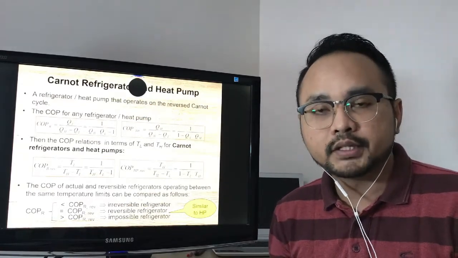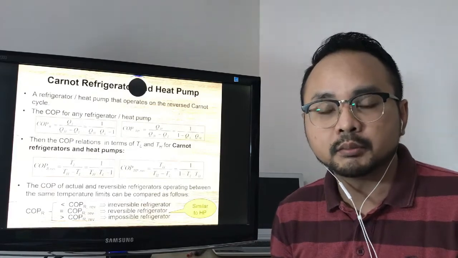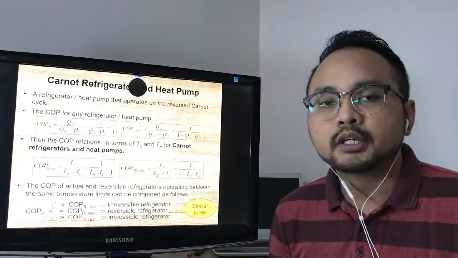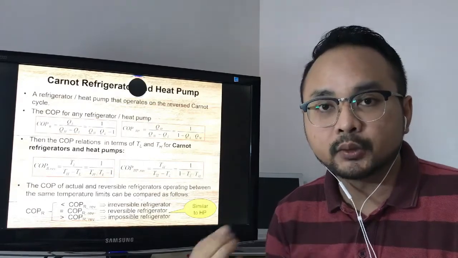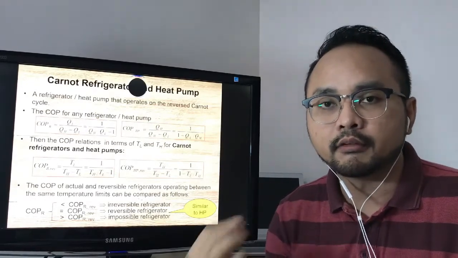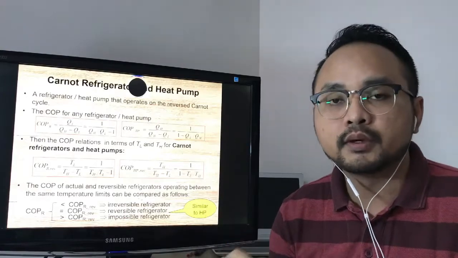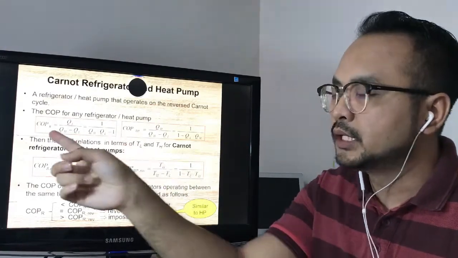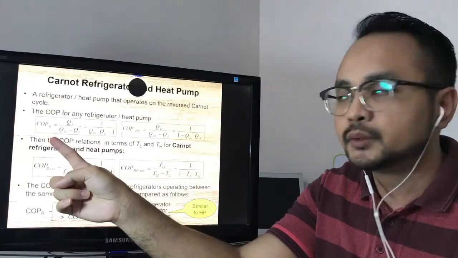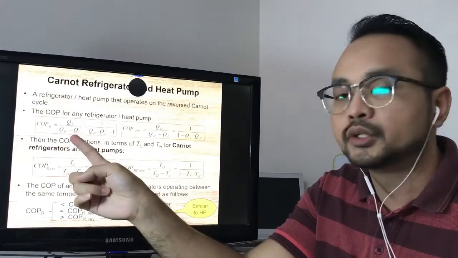If a unit of refrigerator or heat pump is reversible or Carnot, the QH and QL in the coefficient of performance equation of that refrigerator or heat pump can be replaced with TH and TL. Just like this equation, the COP for a refrigerator usually consists of QL and QH.